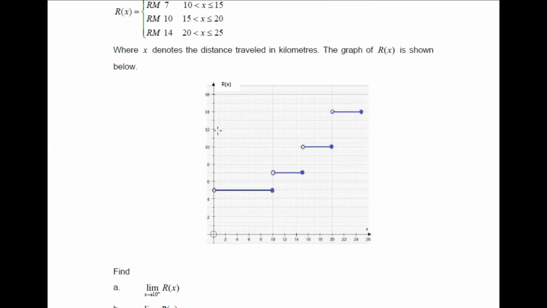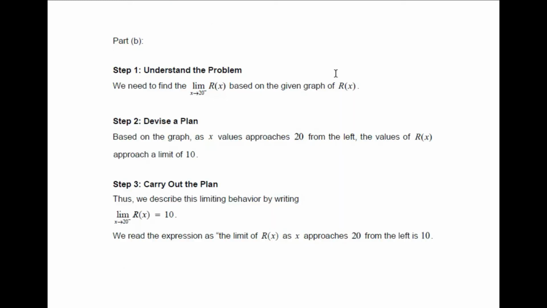We can see that as the x value approaches 20 from the left, which is this line, the value of R(s) approaches a limit of 10. We can see from this line, R(s) approaches a limit of 10.